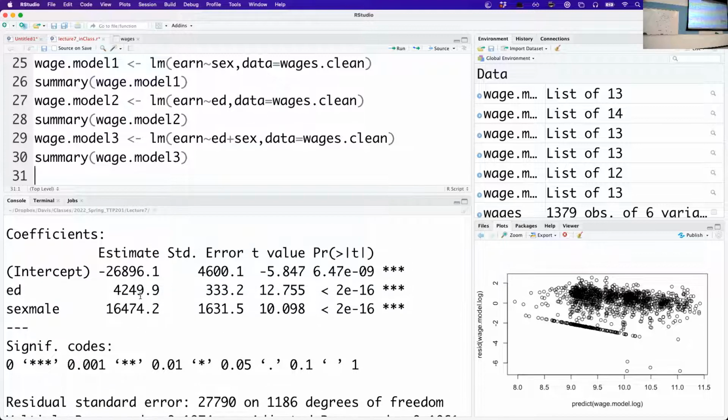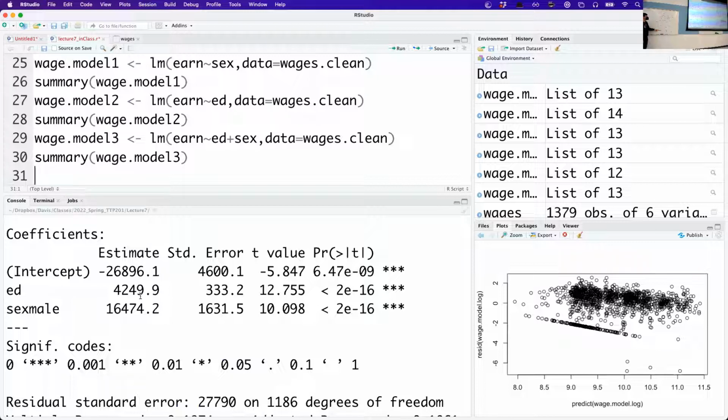Okay, so we're starting to get a little bit more complicated. The education parameter is 4250. So the slope of both of these lines here is the same, 4250. But if you are female, your intercept here is going to be lower than if you are male.